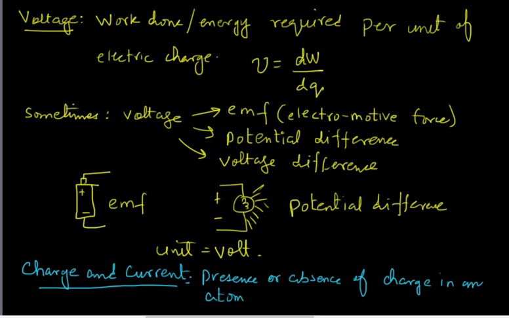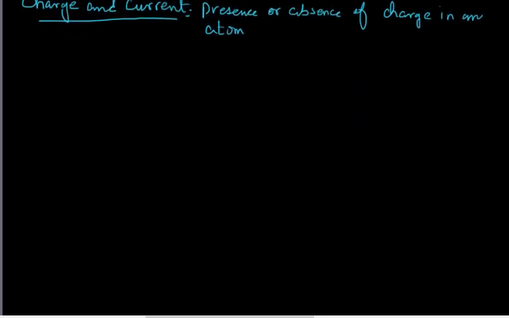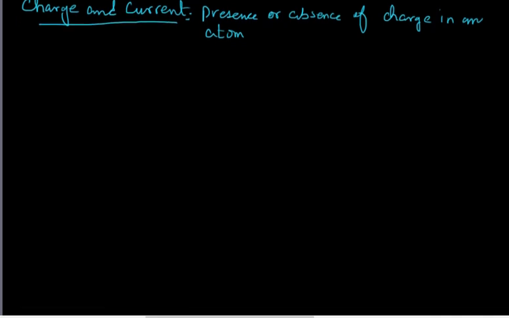You know that if there is an additional charge inside an atom, so for example, you have an atom and there is an additional electron, then that kind of an atom is called a negative ion.